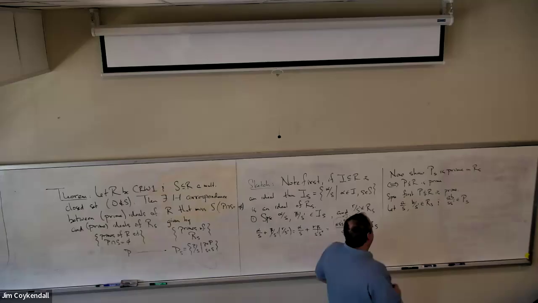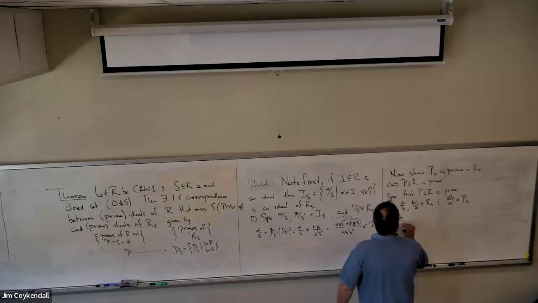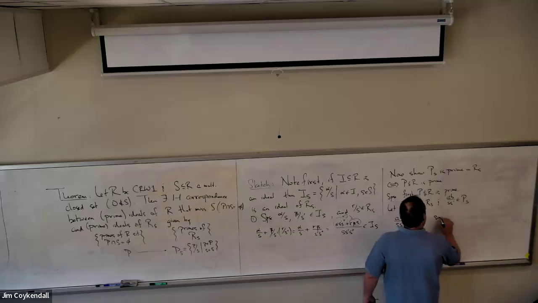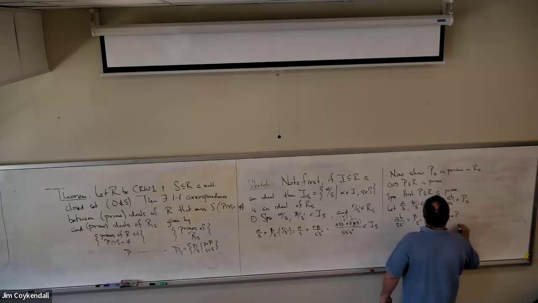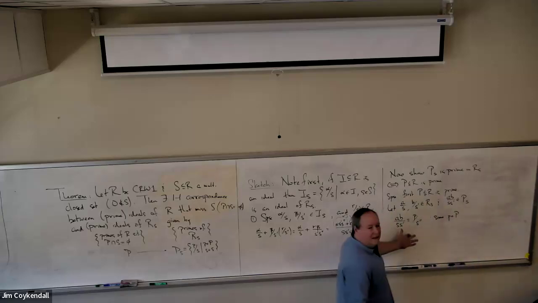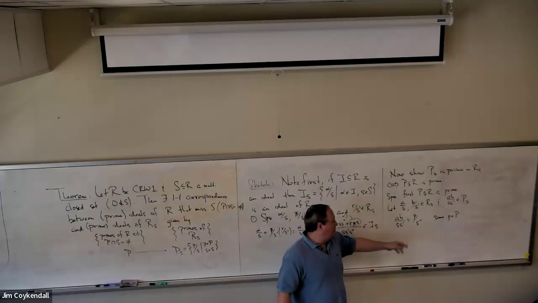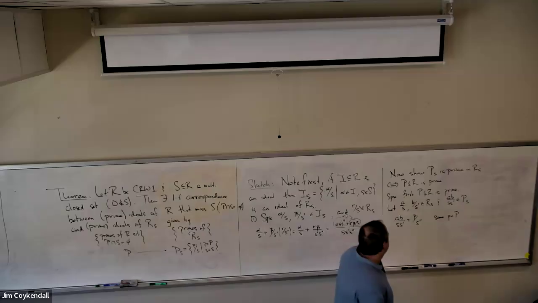This means that ab over s s prime is of the form p over s double prime for some p in P. And again, all my notation is that all the s primes and so forth are in S.